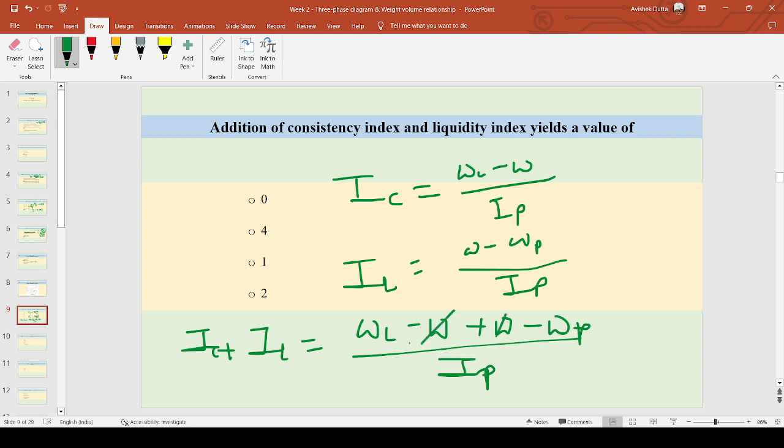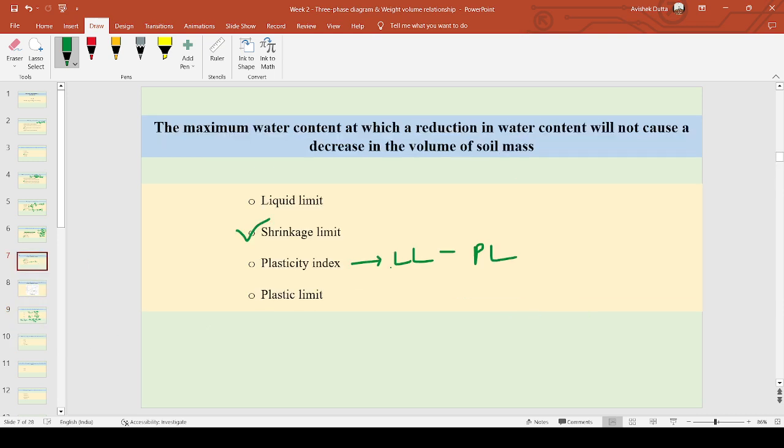What do we get in the numerator? WL minus WP. What is WL minus WP? What is the definition of the liquid limit and plastic limit difference? I just said in the previous question, WL minus WP, liquid limit and plastic limit. What is it called?